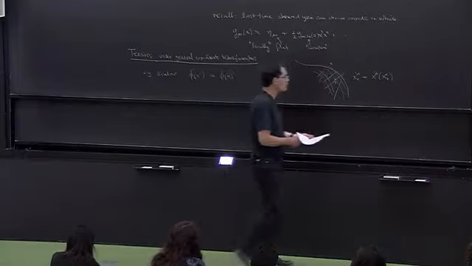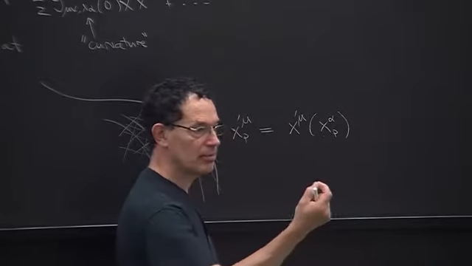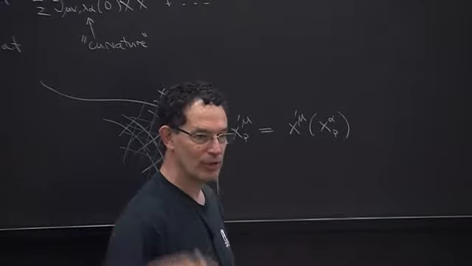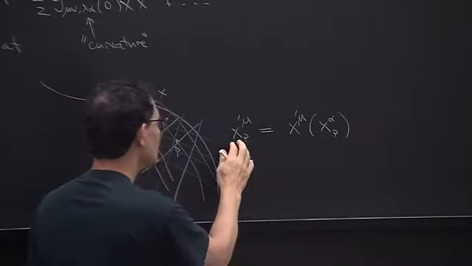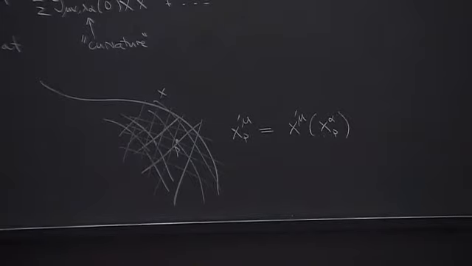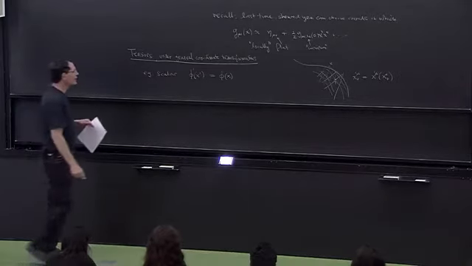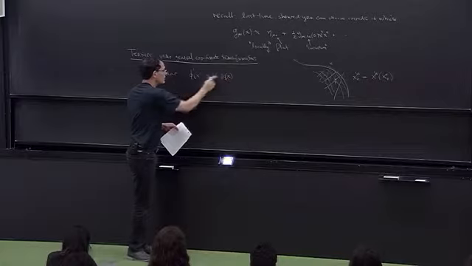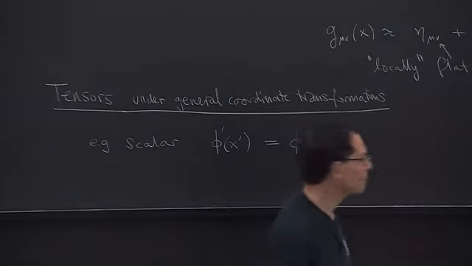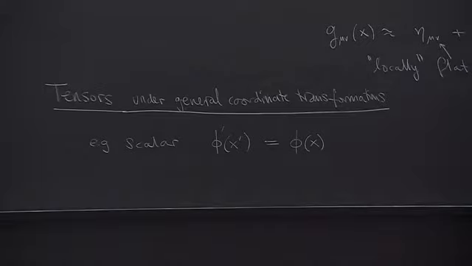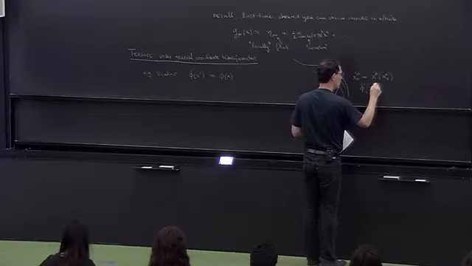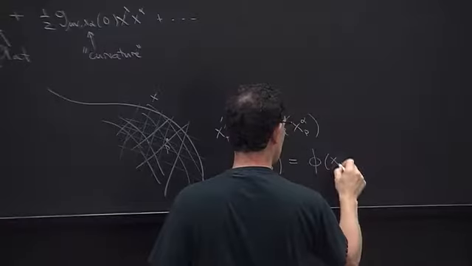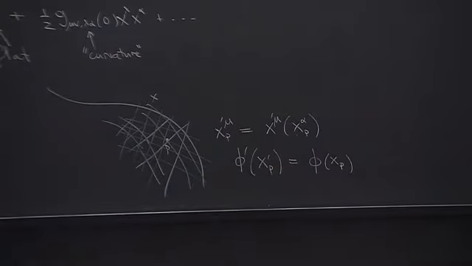The point may be at some particular value like 1, 2, 3, 4 in these coordinates, but in these coordinates some completely different value, X prime is 3, 4, 5, 6. What you require is that a scalar field takes the same value because X and X prime refer to the same point. So we have phi prime of XP prime is phi of XP. That's the scalar transformation law.